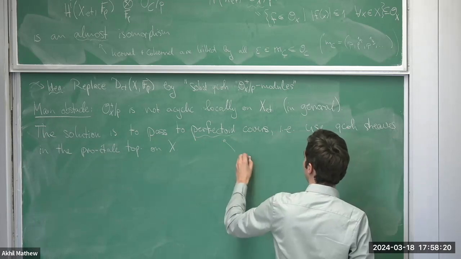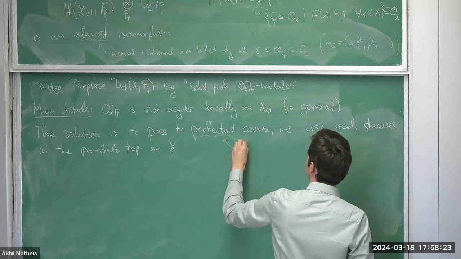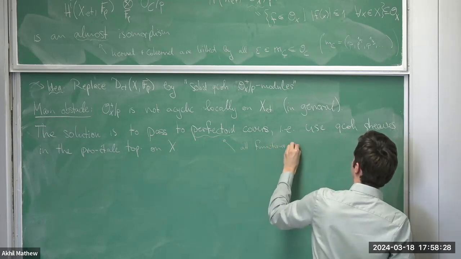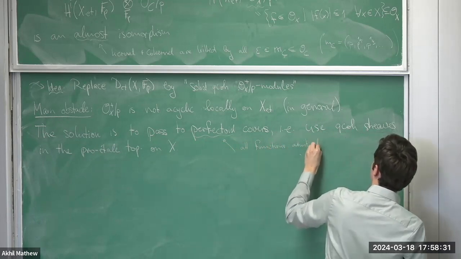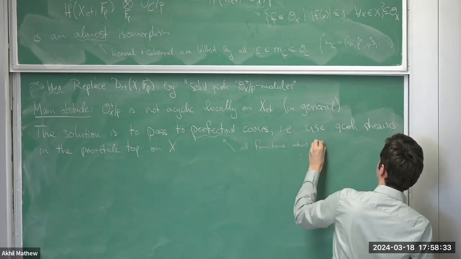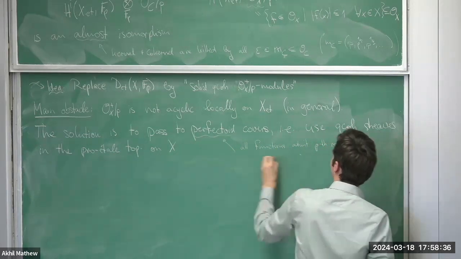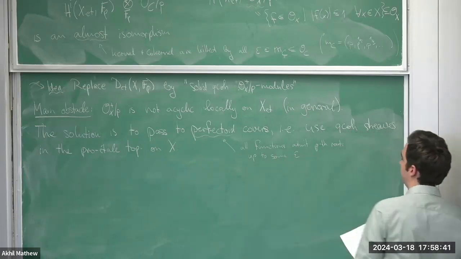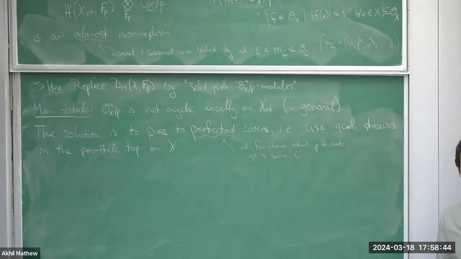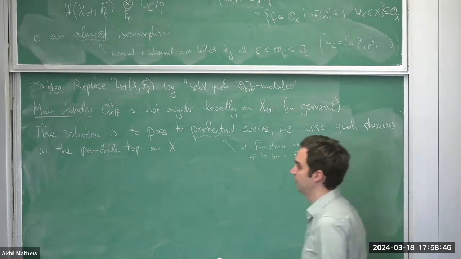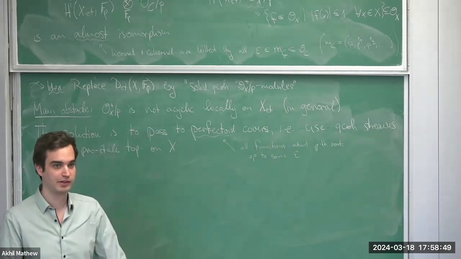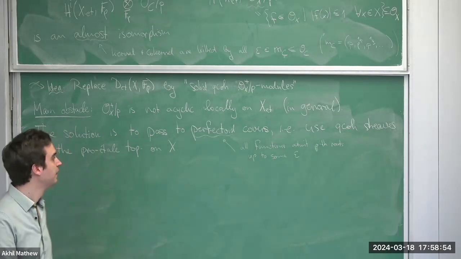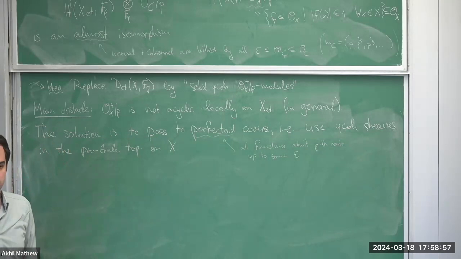Roughly, it means that all functions, in other words, if you have a function on a perfectoid space, then there must be another function which is very close to being a p-th root, up to some epsilon, and that epsilon can be made arbitrarily small. I will give an example that should hopefully illustrate what I mean.